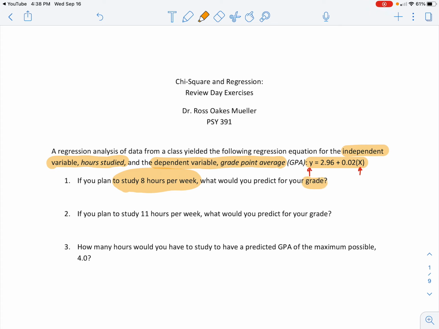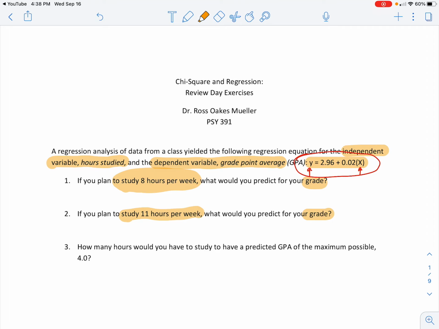So remember, this regression equation is basically like an algebraic equation for a line, but one in which if you know one of the variables, you can find the other one. So what I've given you is two different possible values for one of the variables, the independent variable, study time, and I've asked you in both situations to figure out what your grade would be as the outcome.